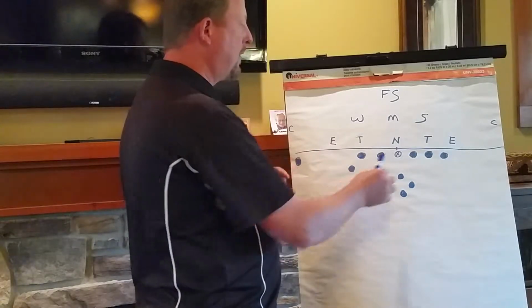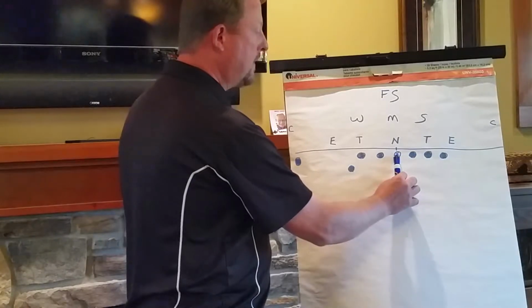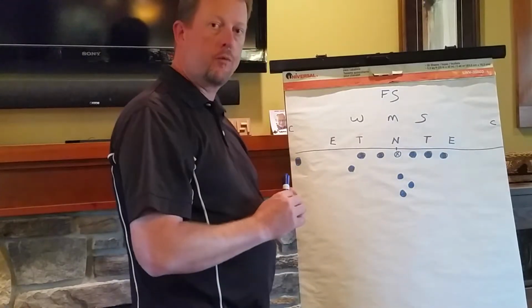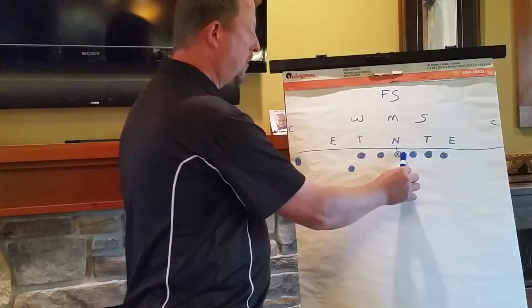We're all about identifying a particular spot. So the spot that's located between the center and the guard is referred to as the A gap for apple, or A gap.